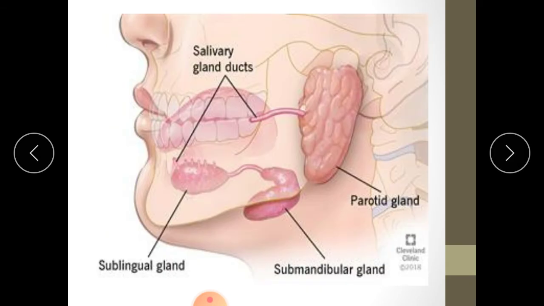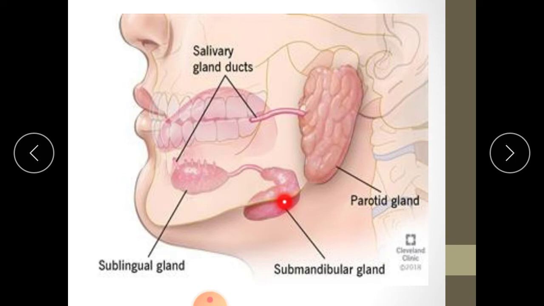Look here. This is one pair, this is another pair, and this is another pair. Among the three pairs, this is the largest pair of the salivary gland, the parotid gland. These are called parotid glands, sublingual glands, and submandibular glands.